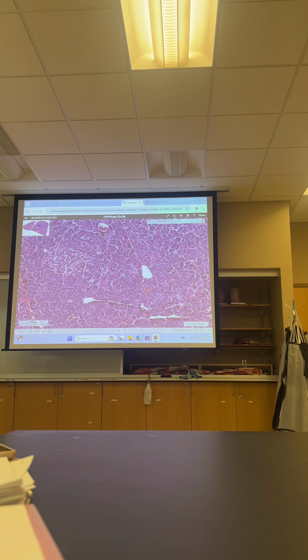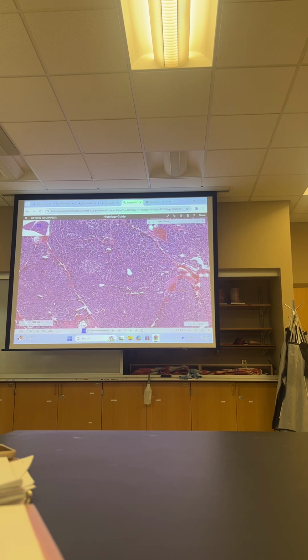If you remember, this lighter circle right here would be a pancreatic islet. All of the dark areas around it, so all these other cells, are the acinar cells, and that's the digestive function. They make enzymes that are going to be secreted into the intestine to break down the food.